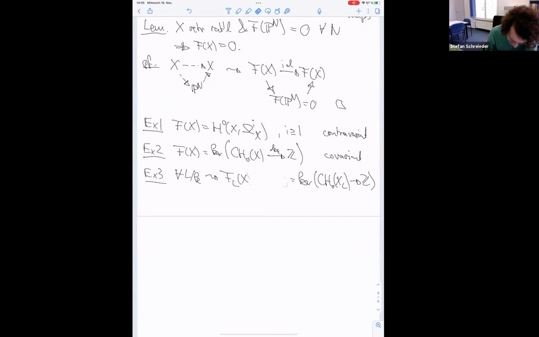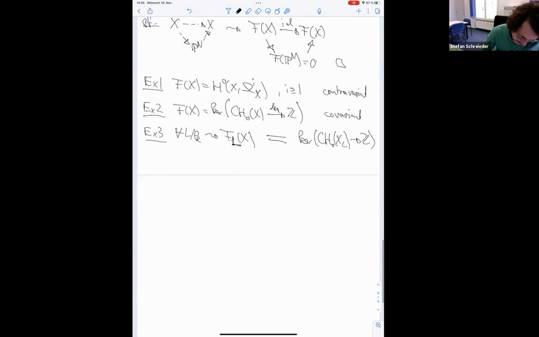Okay, so if you like, I can remove this. So just this. We could do the same thing for the first example, but we wouldn't get anything interesting because the space of forms doesn't change. But this kernel can change. That's why this is really interesting. Okay, and so this observation leads to definitions that you probably all have heard before.